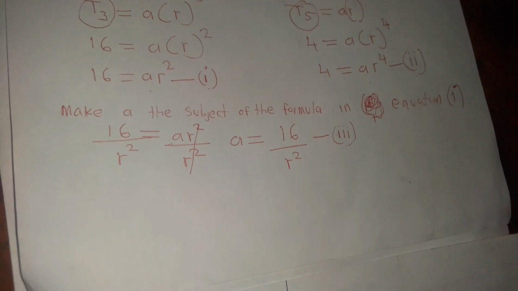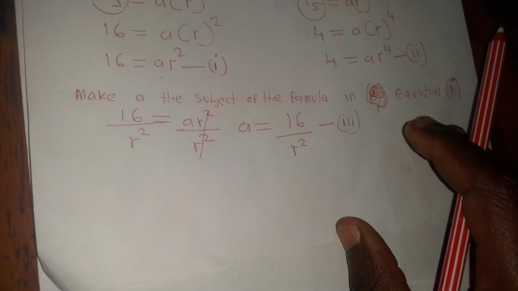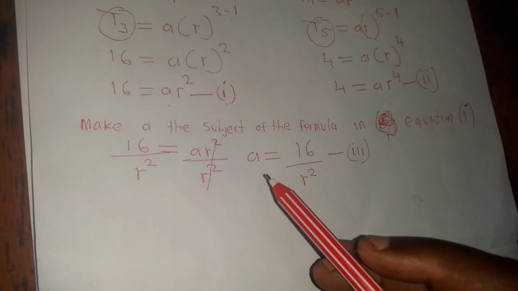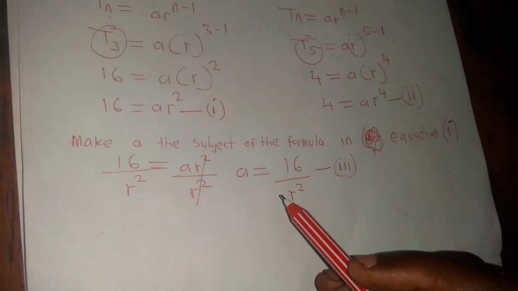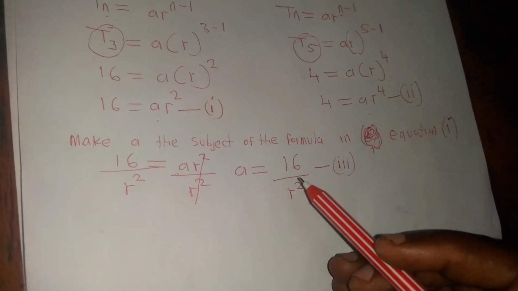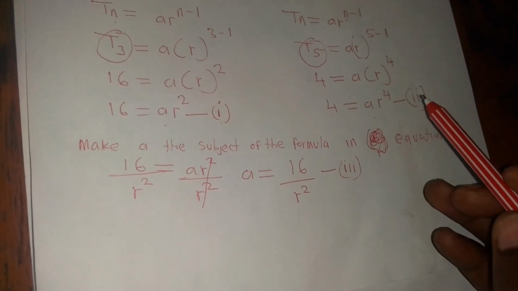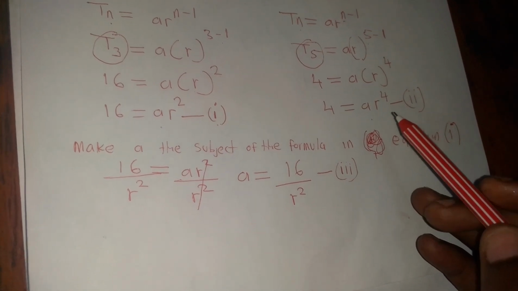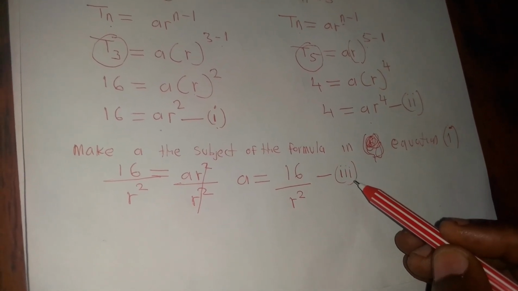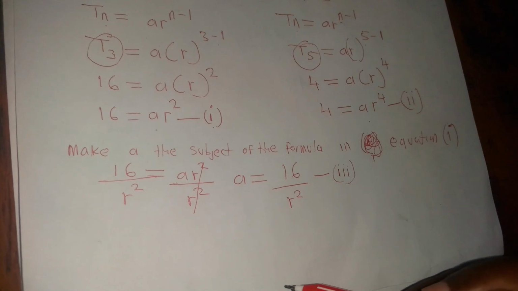So the next thing that we are going to do now is that this A that we have made the subject, we substitute it in equation 2. Okay? So in other words, we take equation 3 into equation 2.